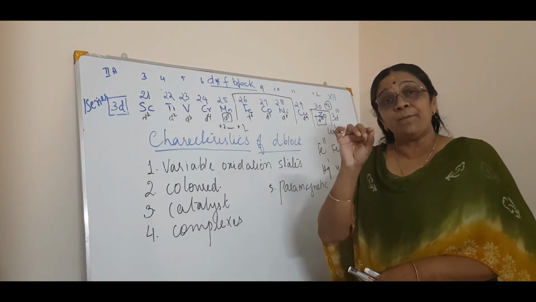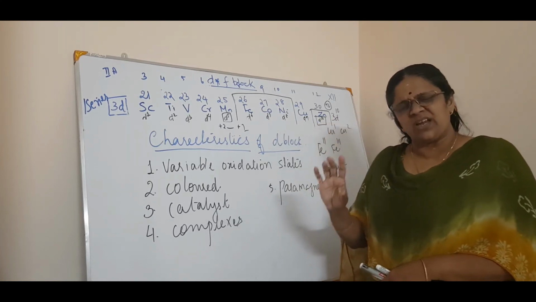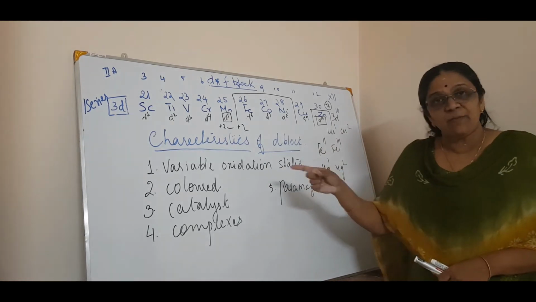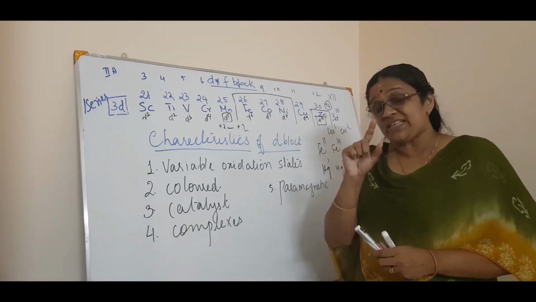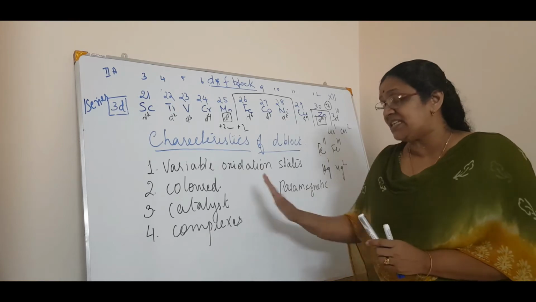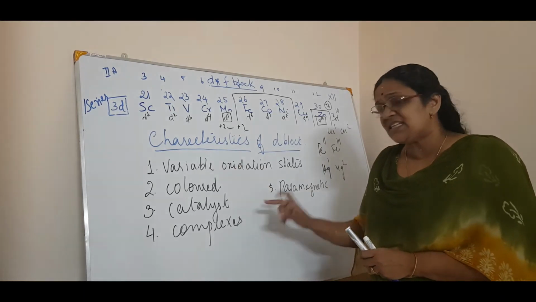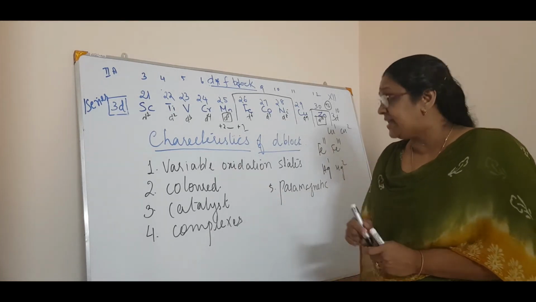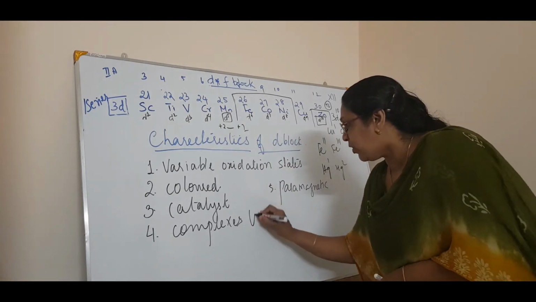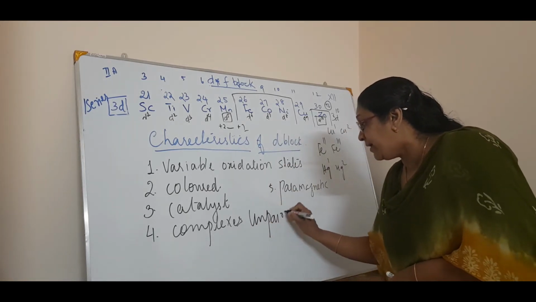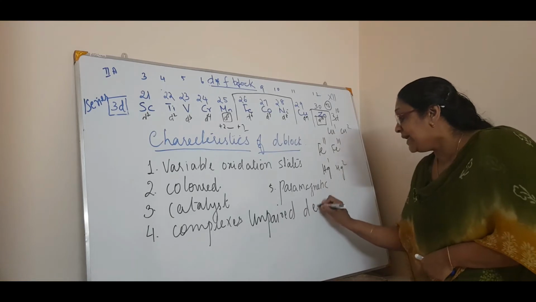Paired would make it diamagnetic. So due to the presence of unpaired electrons, that's a value point. In all these cases, one point is the same: the presence of unpaired d electrons.